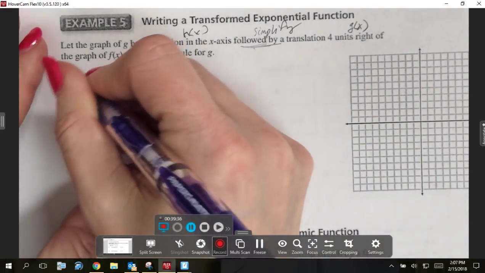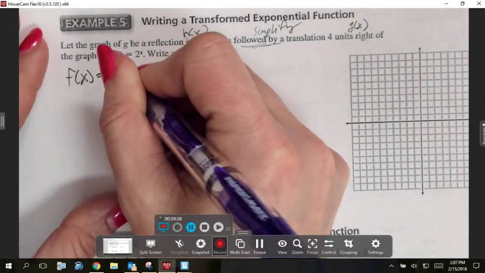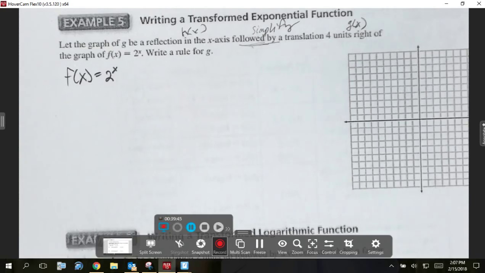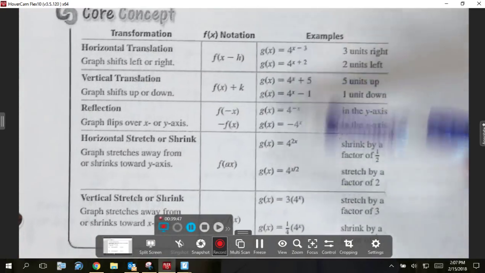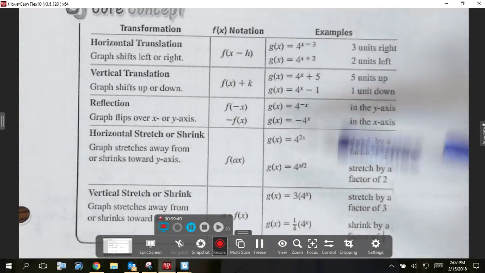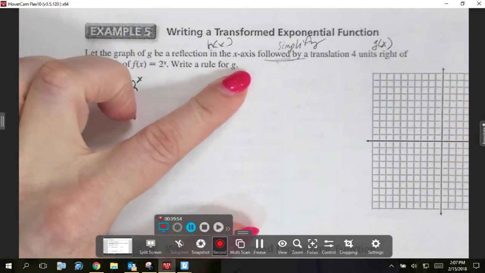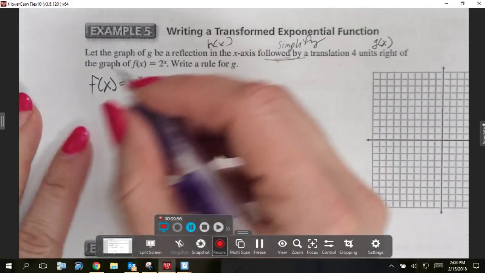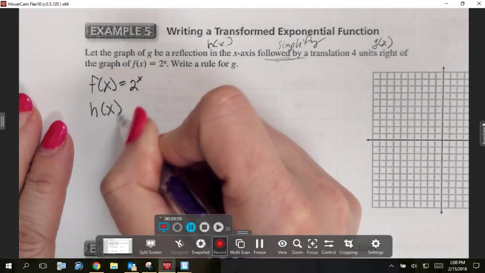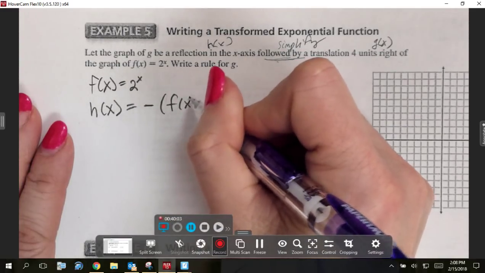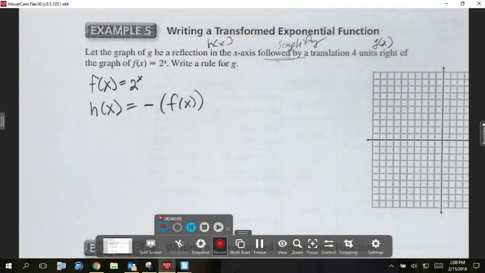We're going to start with f of x is equal to 2 to the x. It says reflection in the x-axis. And if you've forgotten what you do for that, you can go look at this notation on the front page. Reflection in the x-axis says that we are taking f of x and doing -1 outside of the entire function.